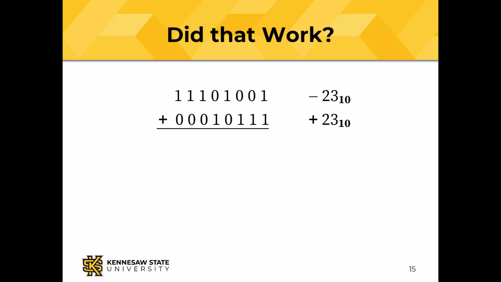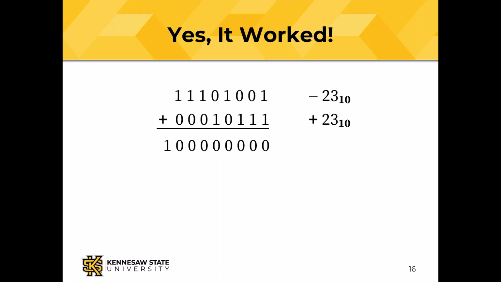So here's the minus 23 we obtained by taking the 2's complement, and there's our old friend plus 23. 1 plus 1 is 0 with 1 to carry, and this repeats across all the bits.